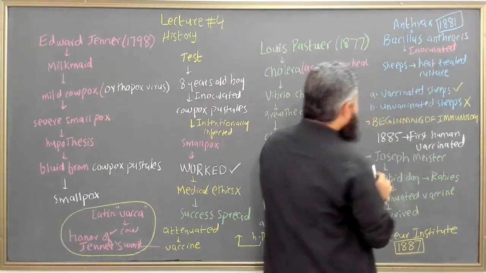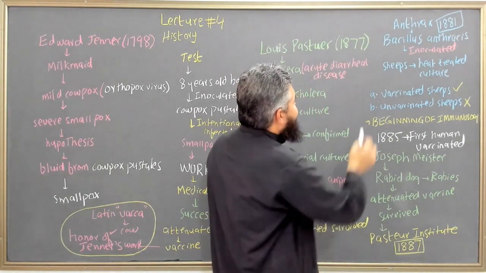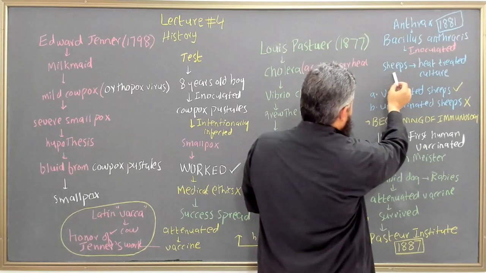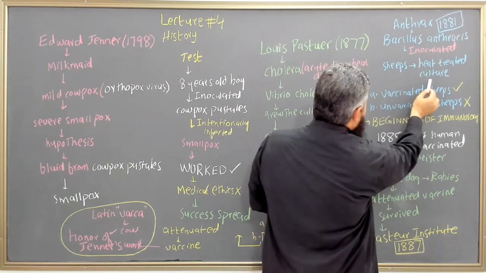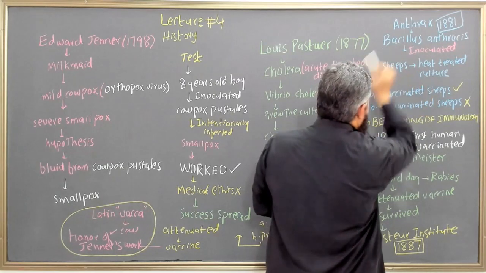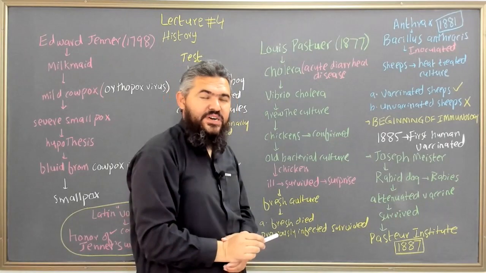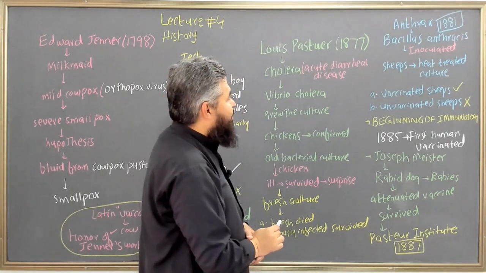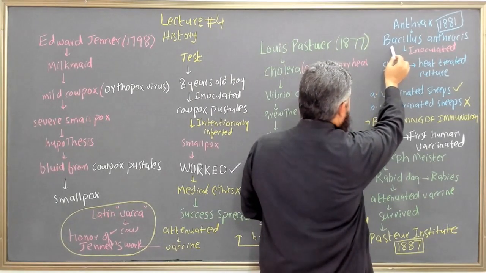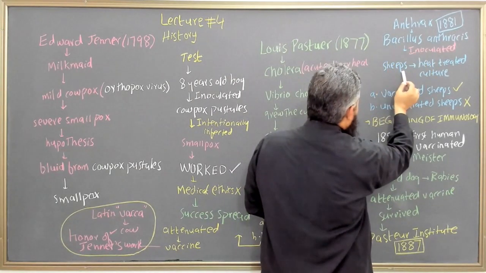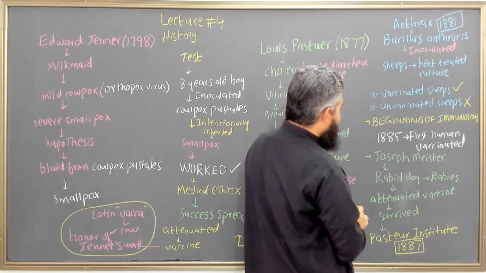In this anthrax experiment, he took some sheep and inoculated them with the heat-treated culture of the Bacillus anthracis, which is the causative organism for the anthrax.